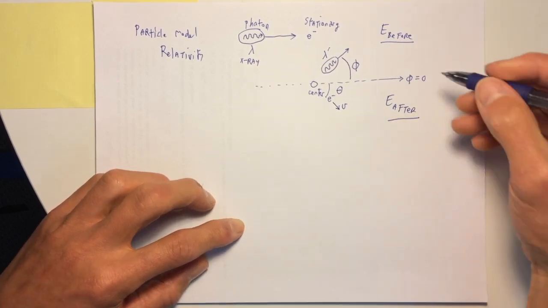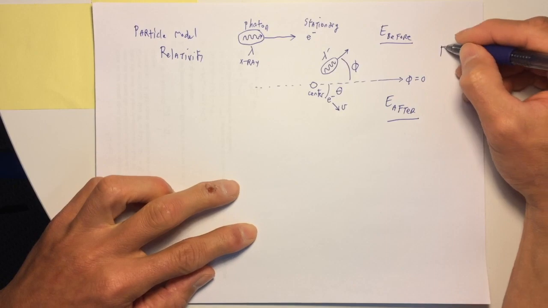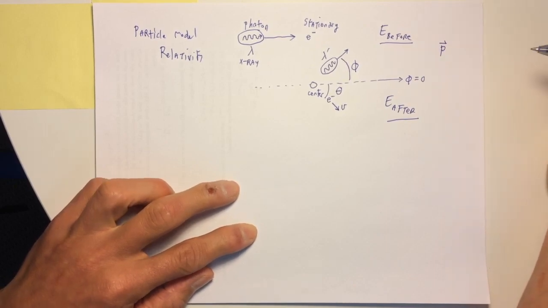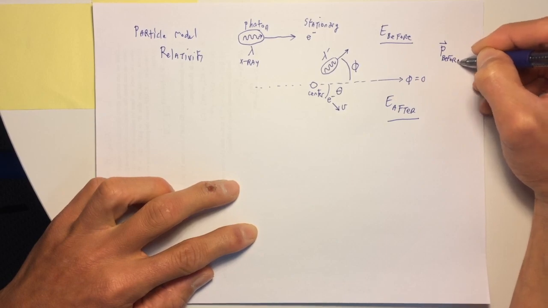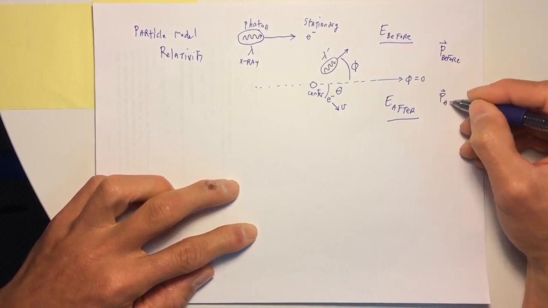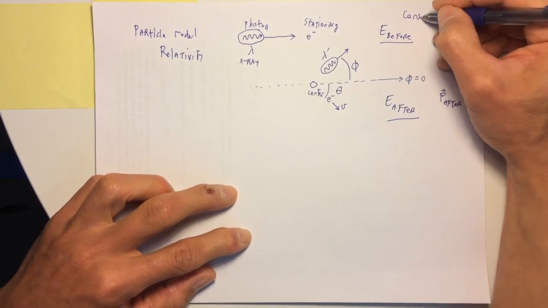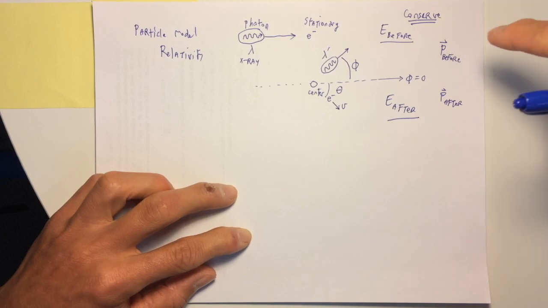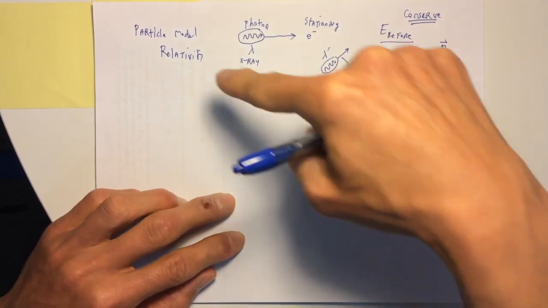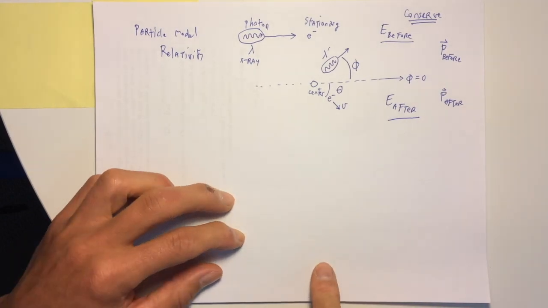But not only are we going to talk about energy, but in order to solve this problem, we have to also think about relativistic momentum. So we'll talk about the momentum before, and we'll talk about the momentum after. And we're going to conserve, right? And we'll see what the conservation of momentum and energy of relativistic particles predicts for us.